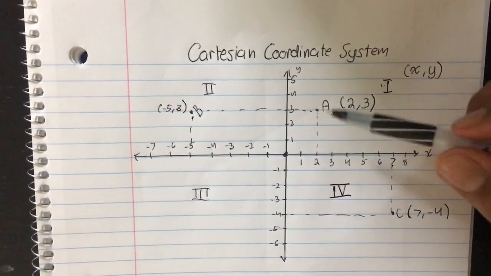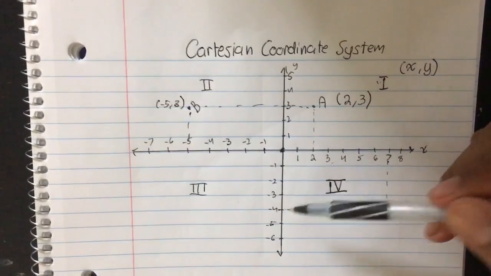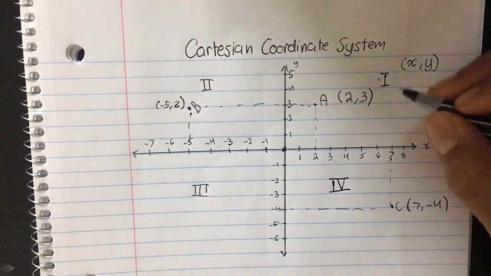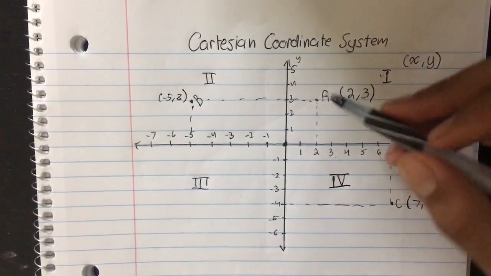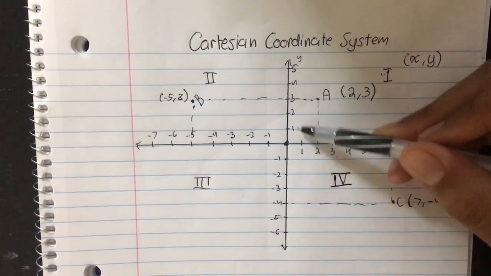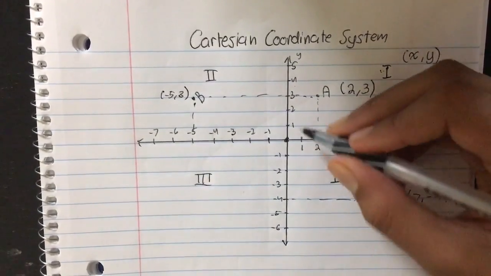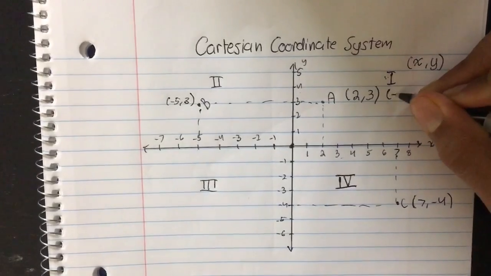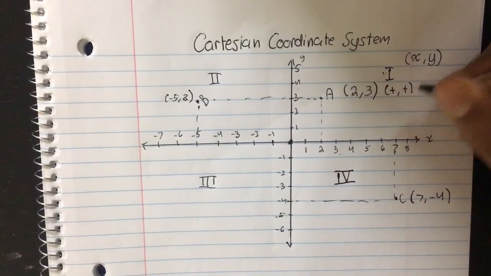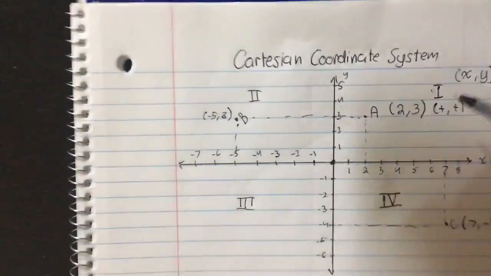You also might notice how some of these numbers are positive and some are negative. So we can find the signs of each quadrant. The signs of this quadrant would be positive, positive, because the 2 axes that create the box are positive. As you see, point A is there. So point A is in quadrant 1.